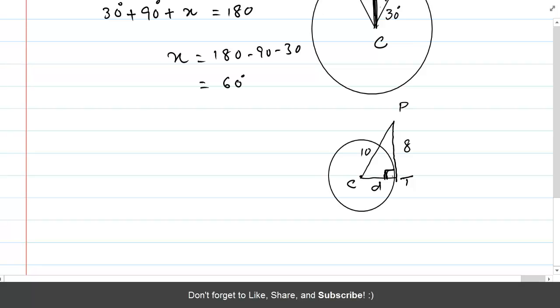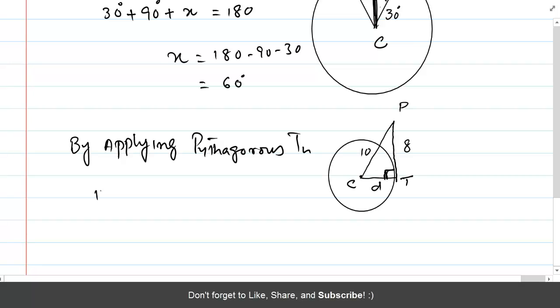And if this angle is 90 degrees, then the triangle CPT is a right angle triangle, and we can apply the Pythagoras theorem. Therefore, by applying it, we have hypotenuse square is equal to base square plus perpendicular square.